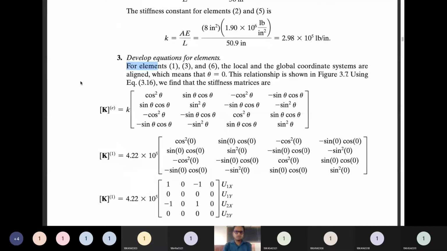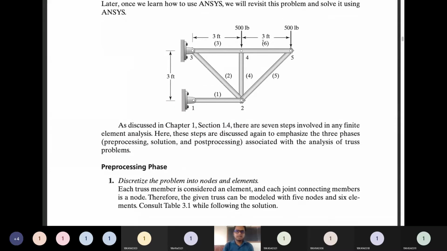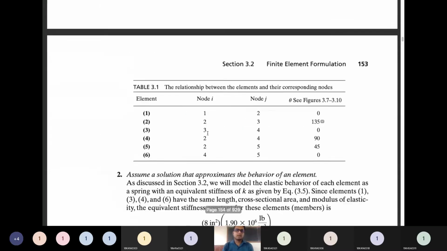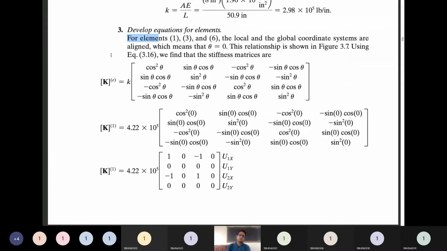Okay, so now let's focus on the solution of this problem. As I was telling you, element number 1, element number 3, and element number 6 are horizontal, so their theta values are 0 degree, as you can see in your table also. Simply put theta equals 0 degree and you can calculate the element stiffness matrix K for element 1.